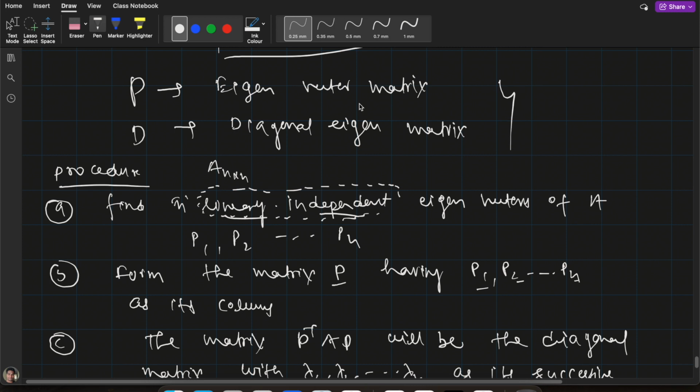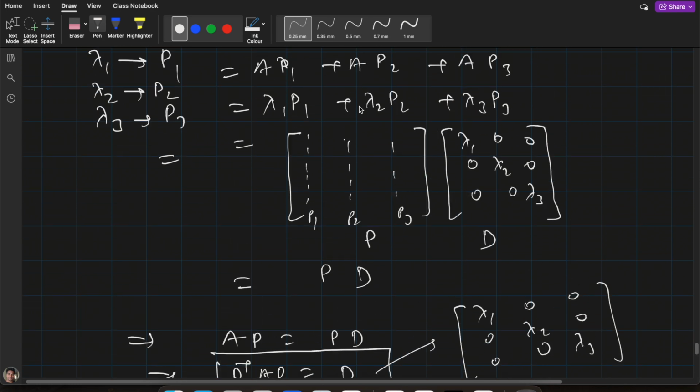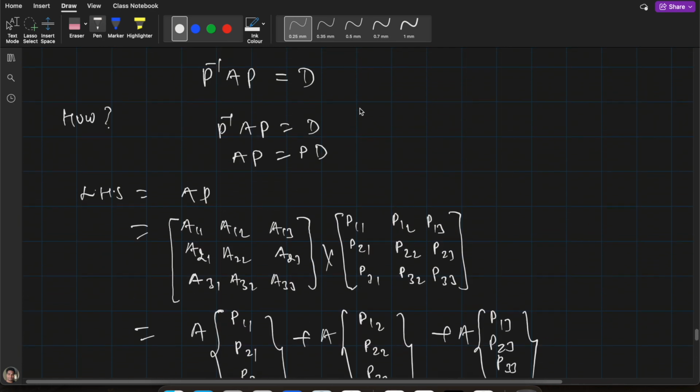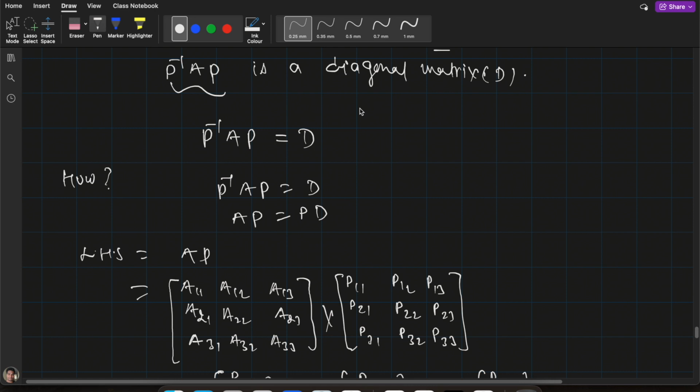And what if this matrix is linearly dependent, what will happen then? First think about it. You have to find P inverse, and P inverse can be found only when that matrix is non-singular, and that matrix will be non-singular only when its columns are linearly independent.